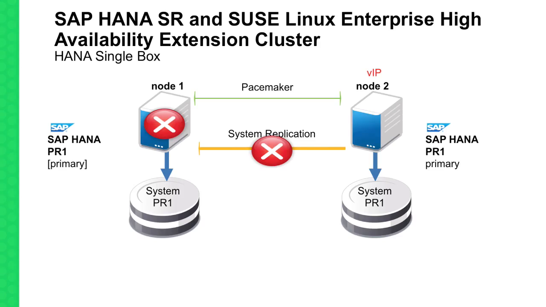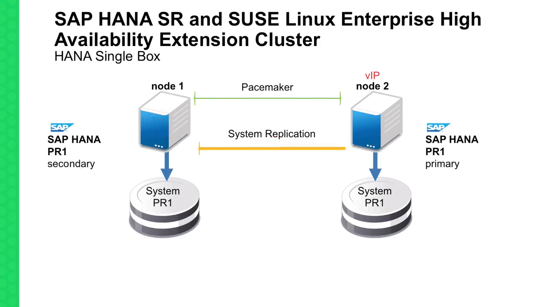So the clients still connect to the secondary system, to the failover system. And Pacemaker also will start all the scripts which need to run in order to promote the secondary node to be the primary, okay? And remember that without the HA extension from SUSE, this would normally be a manual process, okay? So we add some resources and the automation in order to make this process automated.